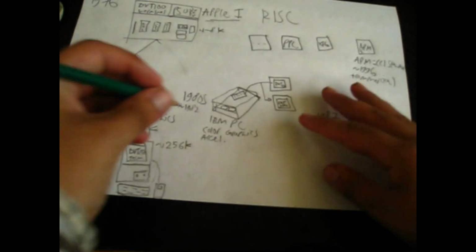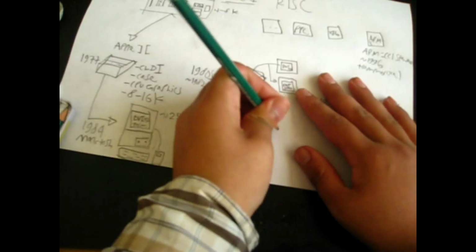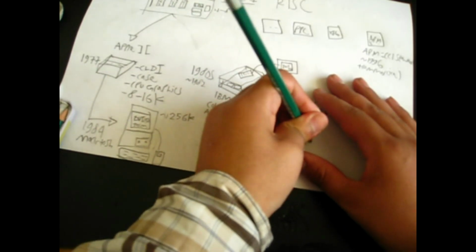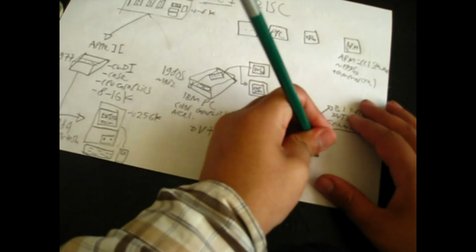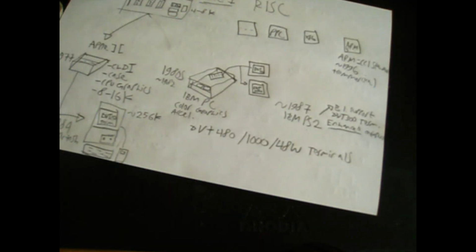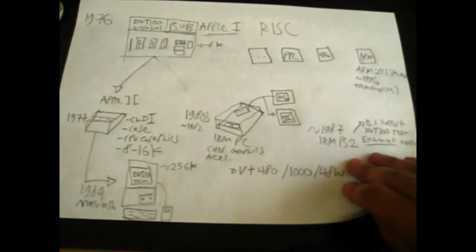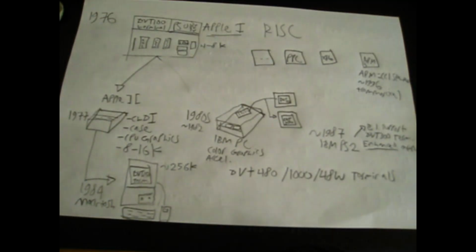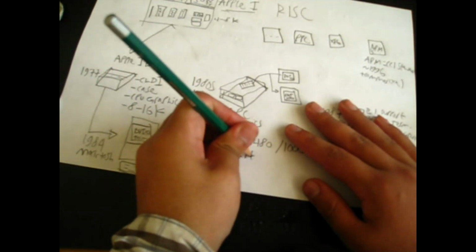However, DVT 480 and DVT 1000 and 480W terminals, which were introduced around 1988 and being made compatible with the IBM Personal System 2 or PS2 a little bit later, would have likely been computers in a light form.